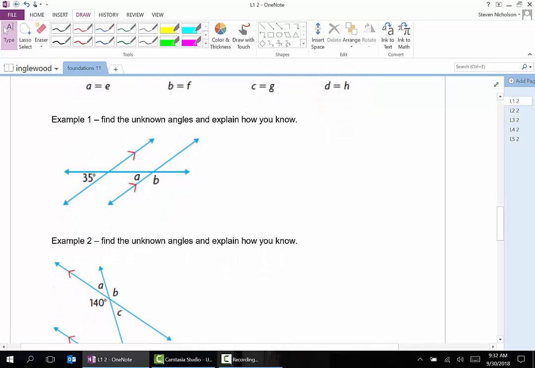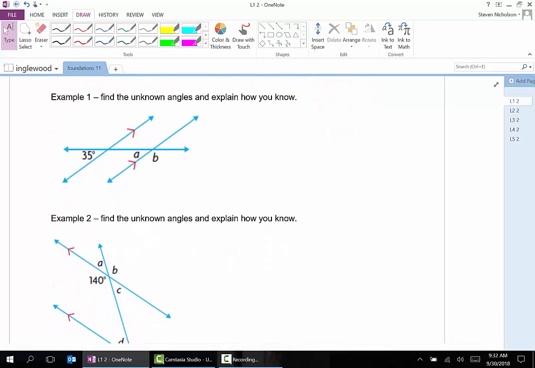So given that this relationship is always true, we can go ahead and answer questions without actually measuring. So here are a couple of simple examples to get us going, but I also want you to think about why you think an angle is whatever measure you think it is. So in this one right here, we can use the corresponding idea to notice that angle 35 and angle A are corresponding.